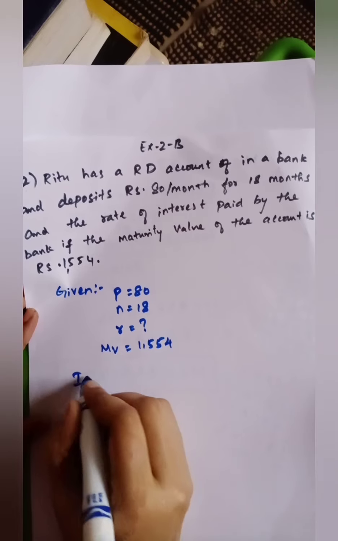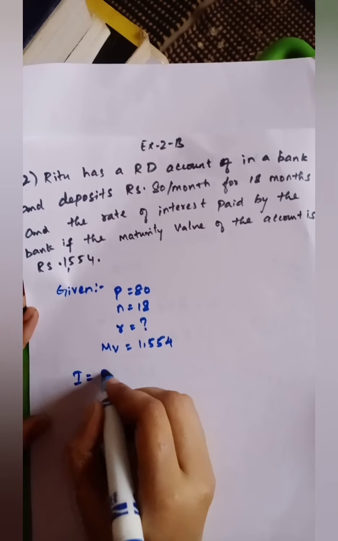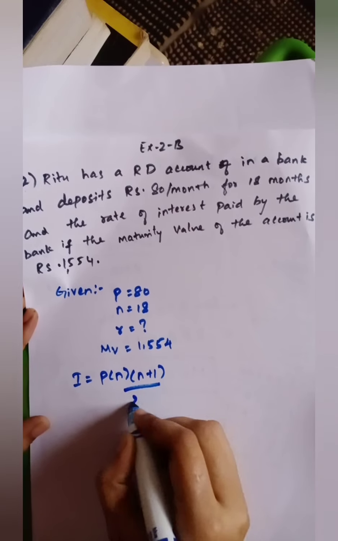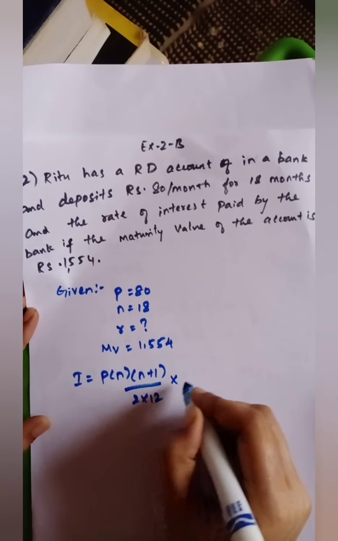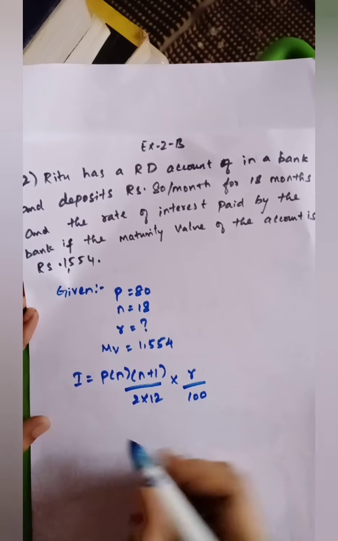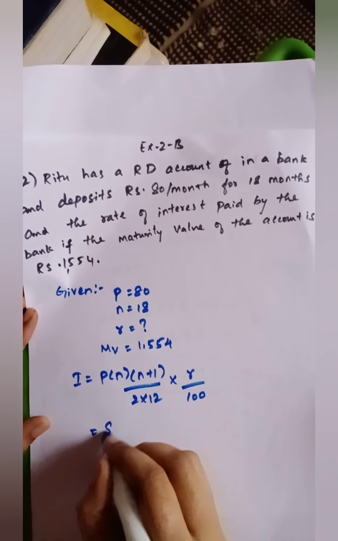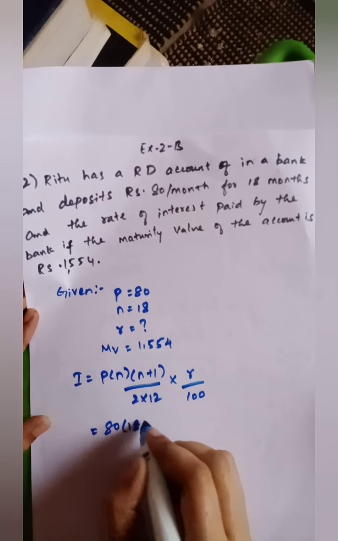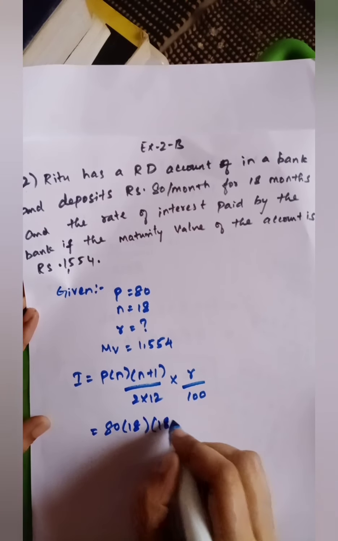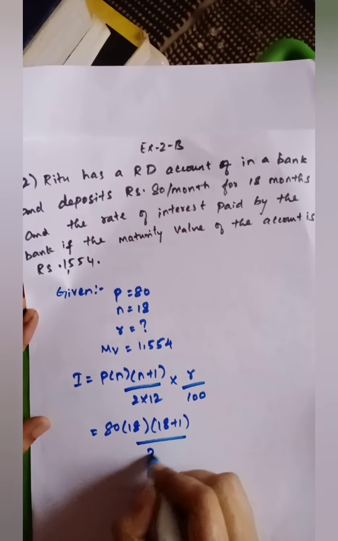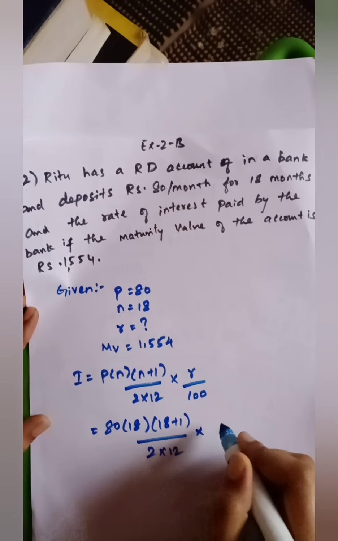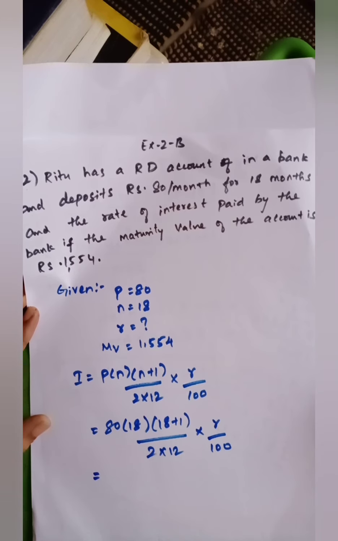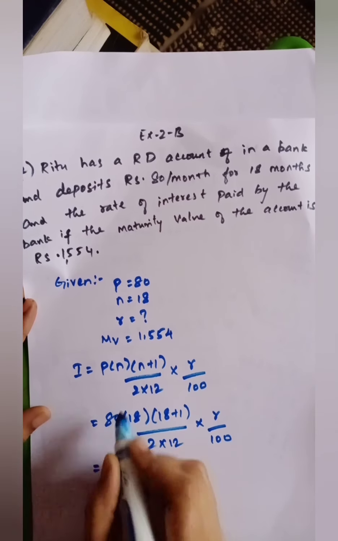The formula for interest equal to P into N plus 1 divided by 2 into 12 into R divided by 100. So P is given 80 and N is also given, 18 plus 1 divided by 2 into 12 R divided by 100.